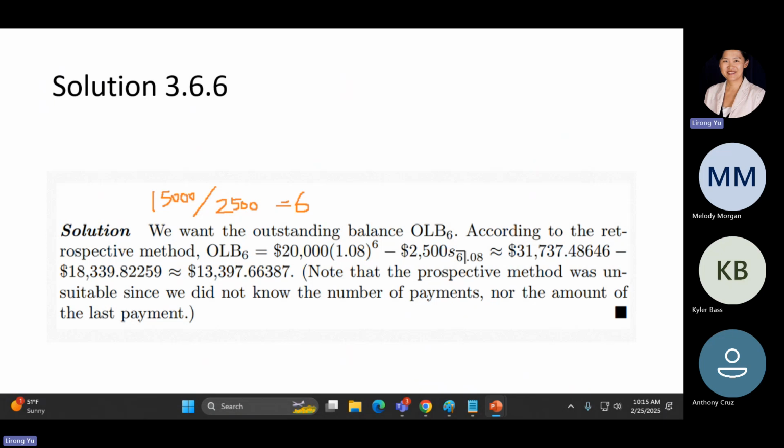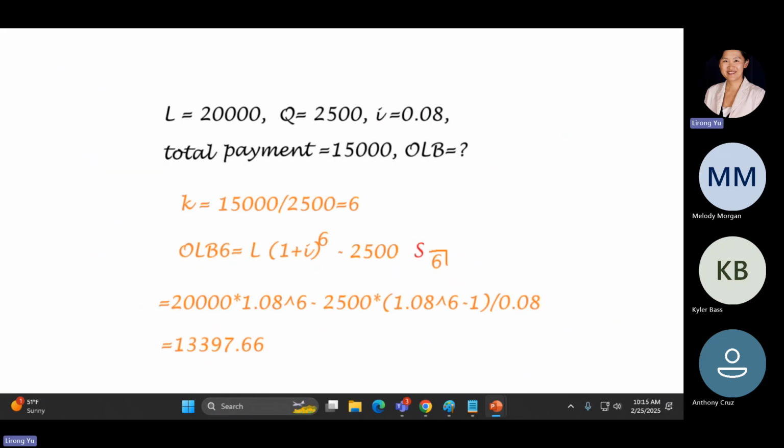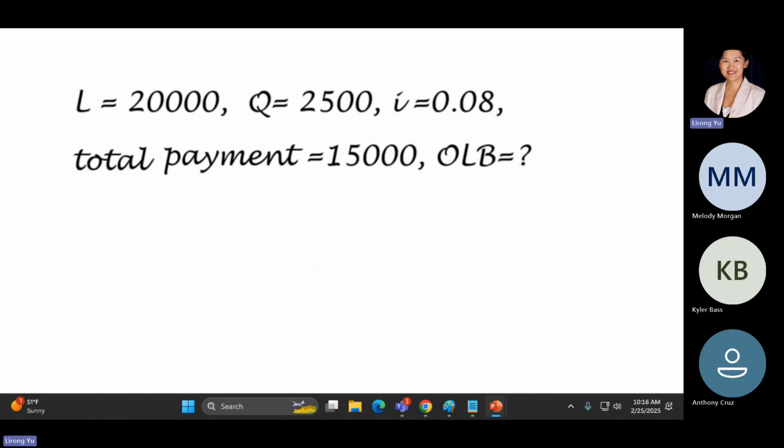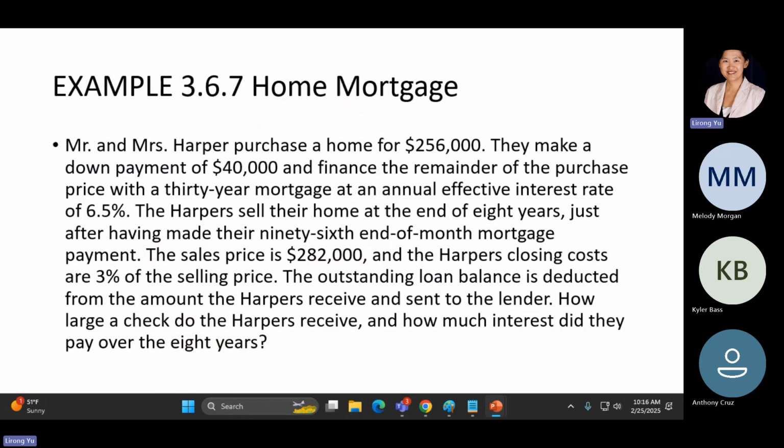And then 2,500 multiplied by S6, since it's an accumulated value instead of present value. I wrote my own calculation down. I did figure out what K would be, so K equals 6. That's why we need to calculate OBL6, based on the fact that the past is clear. It's the same solution as here. I just wrote down the steps with the computation.